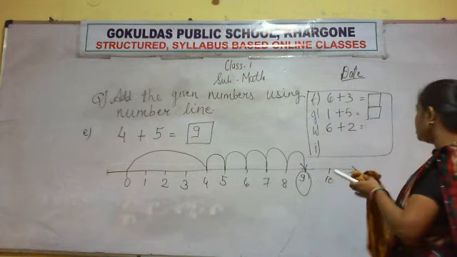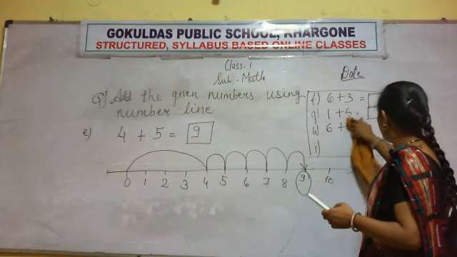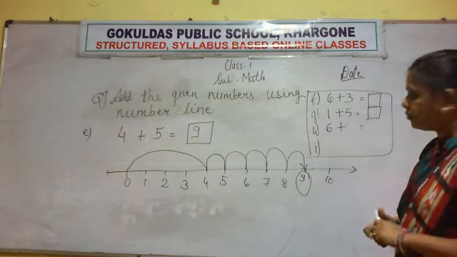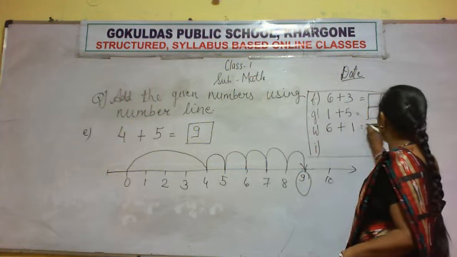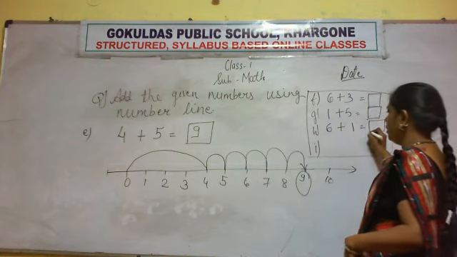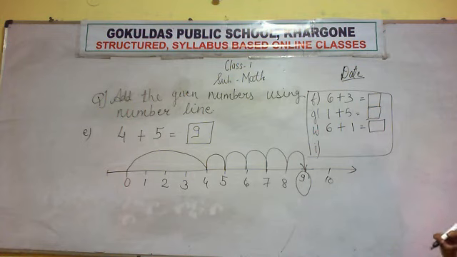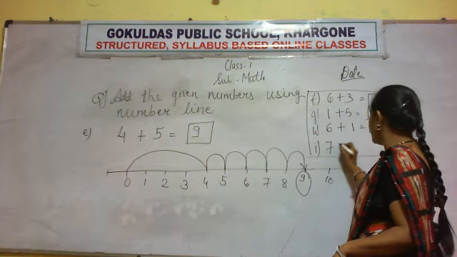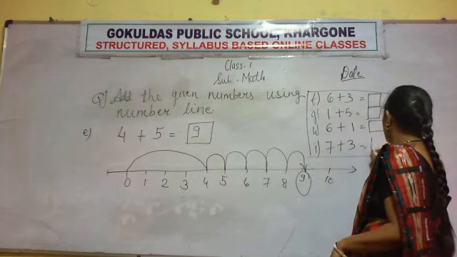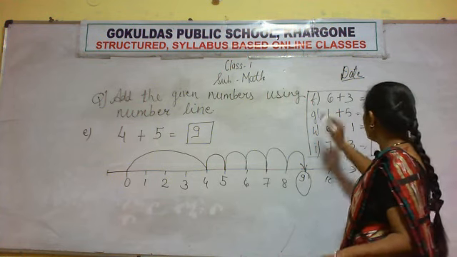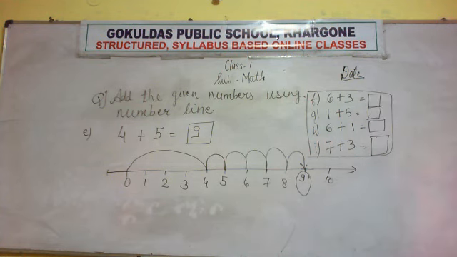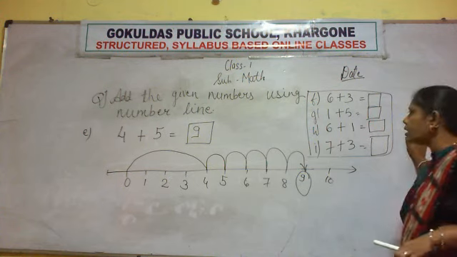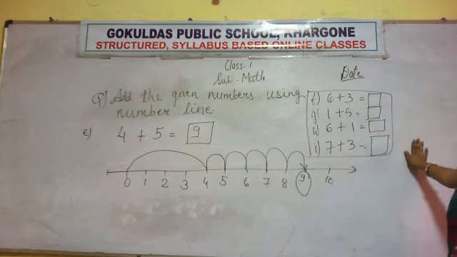So, change it, write here 6 plus 1. Now, the next is 7 plus 3. So, 4 questions are there. 6 plus 3, 1 plus 5, 6 plus 1 and 7 plus 3. These 4 questions, in the same way, you have to add the given numbers using the number line.